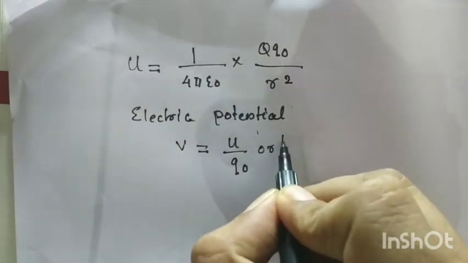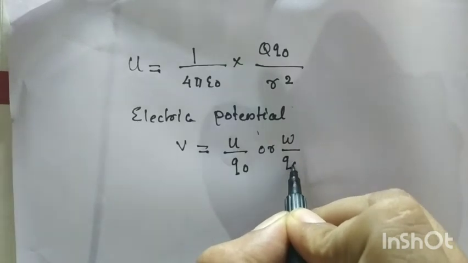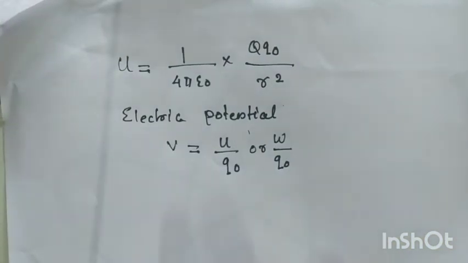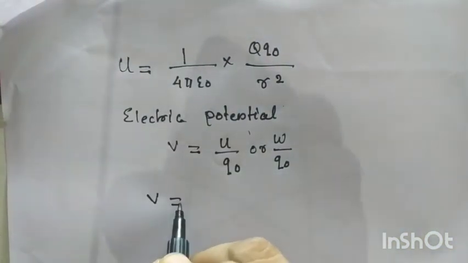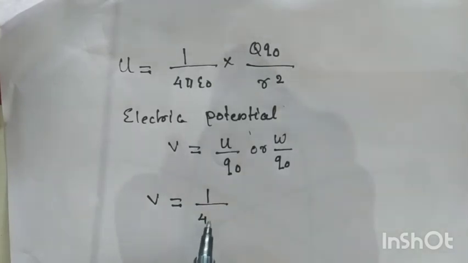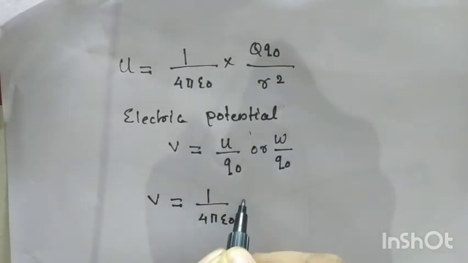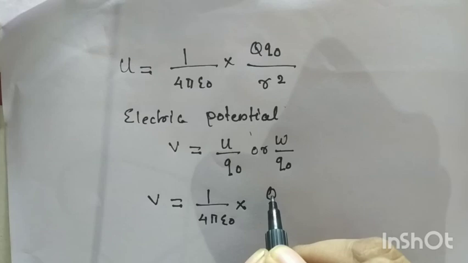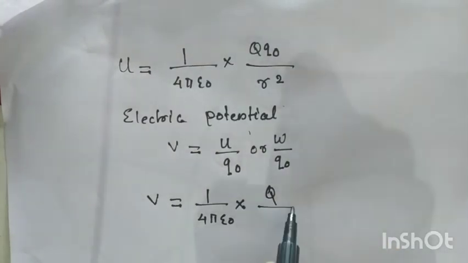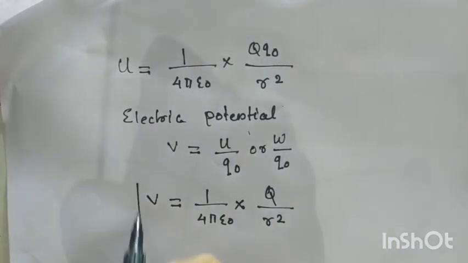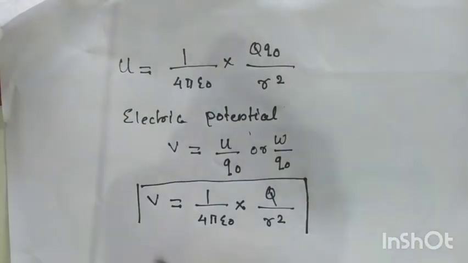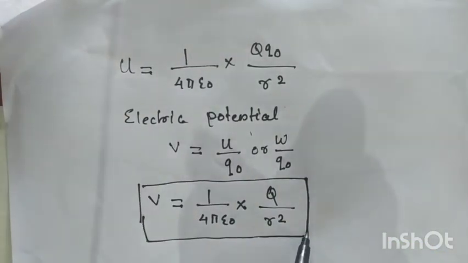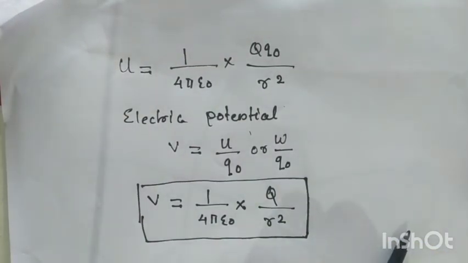We can write this as W by Q0 is equal to potential. So V is equal to 1 by 4 pi epsilon 0 Q, where Q is the source charge, divided by R. This is the expression for electric potential at a point.